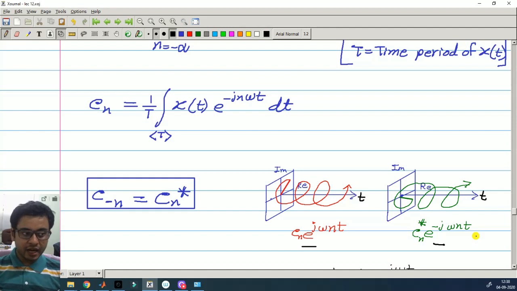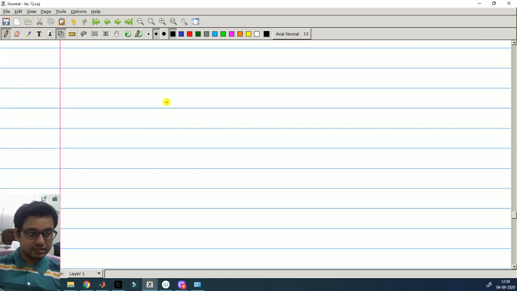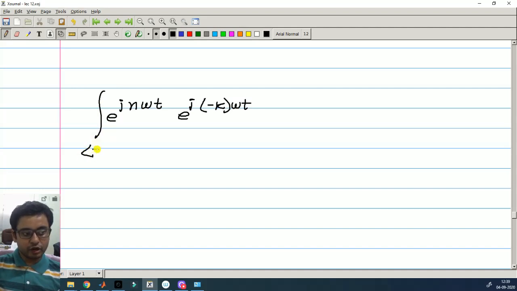Now, while deriving the formula for determining this coefficient Cn, we also saw a very interesting fact: if you have a complex exponential signal e to the power j n omega t, and you multiply it with e to the power minus j k omega t, and then integrate it over a complete period T, that means over the time of 2 pi by omega, then this result is 0 if n and k are not equal.